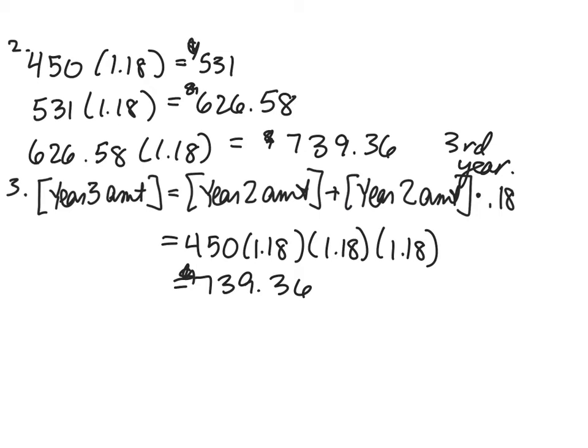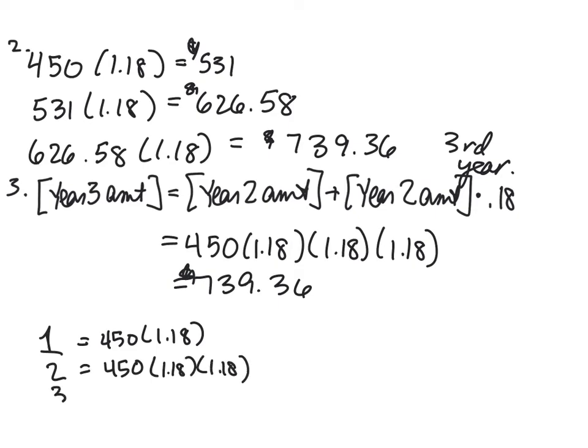The amount after 1 year was 450 times 1.18. The amount after 2 years was 450 times 1.18 times 1.18. The amount after 3 years was 450 times 1.18 times 1.18 times 1.18, which is all the same.